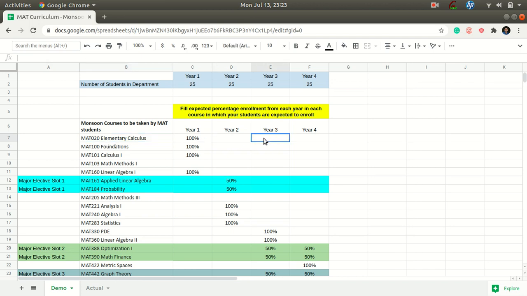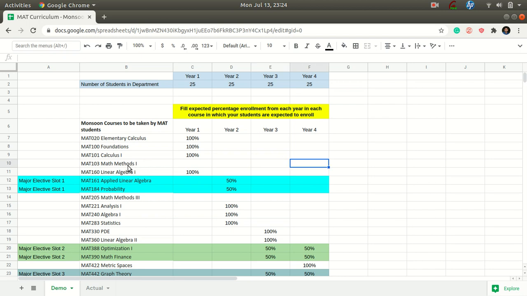Then I'm telling the system that in MAT 020, 100% of first year math major students will be enrolling. Similarly, here I'm telling the system that in MAT 100, 100% of first year math majors will be enrolling. Okay. Here I've left everything blank.